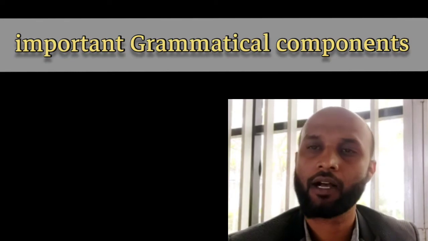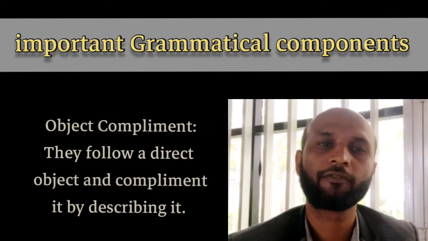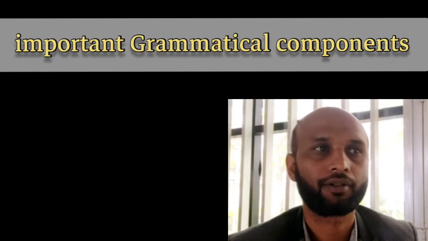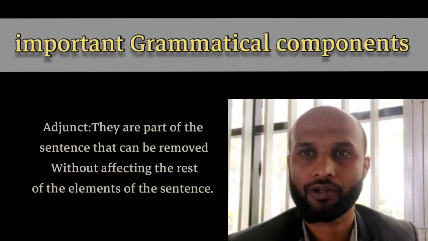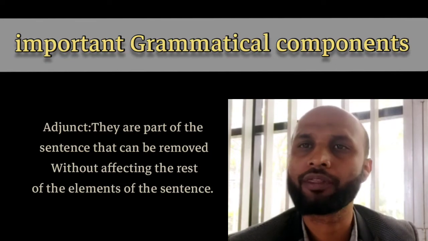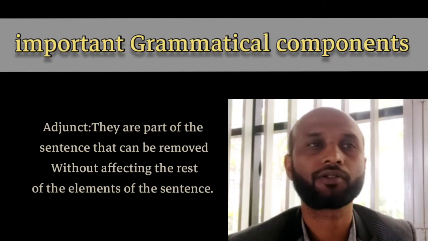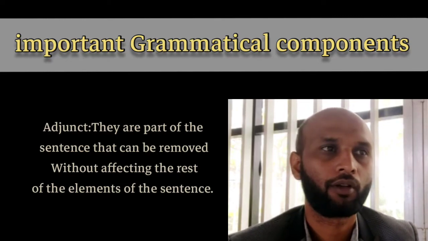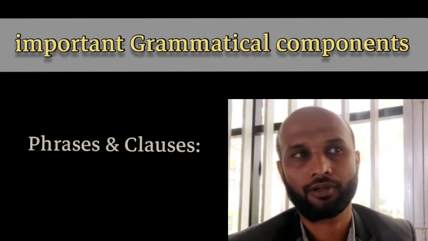And the object complements, they follow a direct object and complement it by describing it. We have adjunct as well. There are parts of the sentence that can be removed without affecting the rest of the elements of the sentence or its meaning.